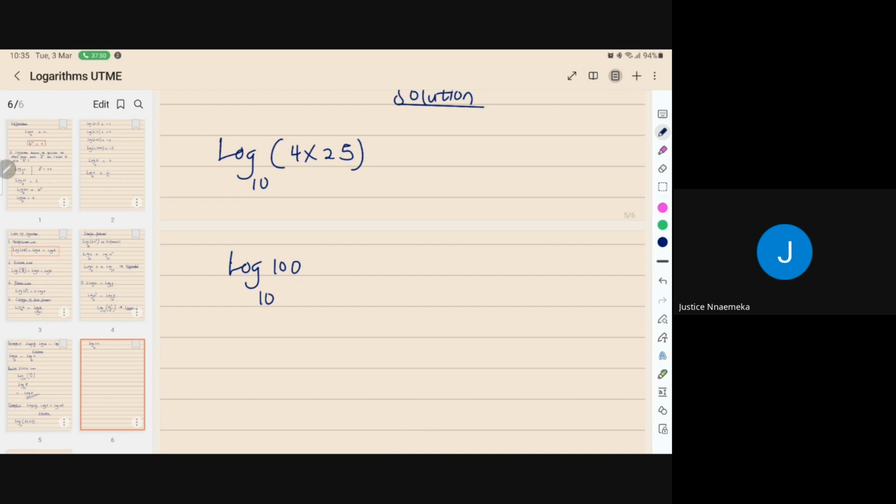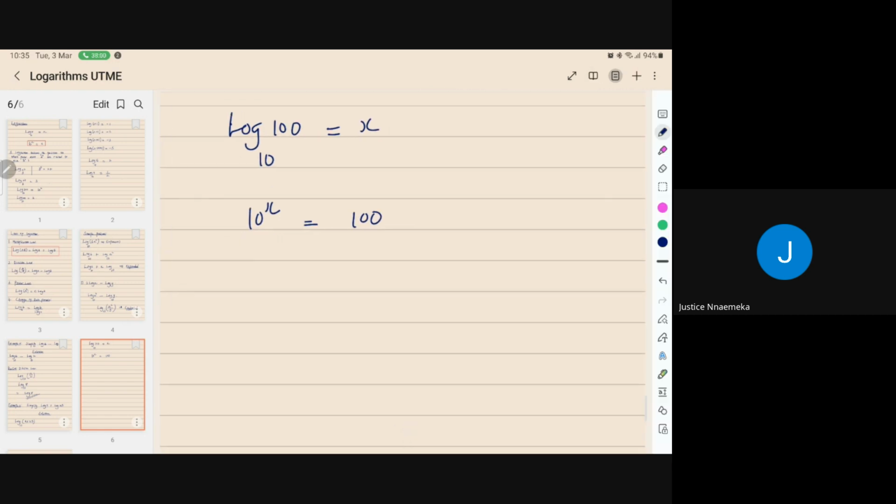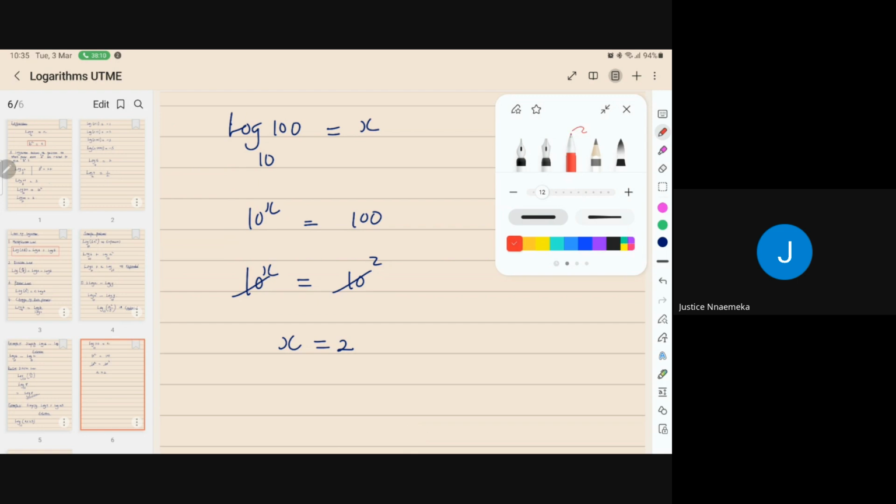So now we can say that this is equal to x. It means that 10 raised to the power x is equal to 100. Now, based on the laws of indices that I explained before, you can solve this way. 10 raised to the power x is equal to what? 10 squared. So 10 cancels 10, and you have that x is equal to 2. Or you can still make use of what I said earlier: which number will I raise 10 to the power of to give us 100?